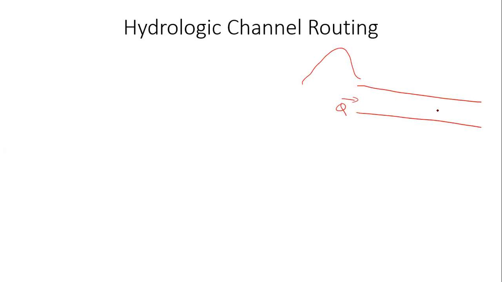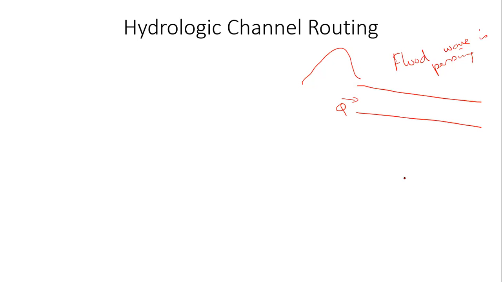Now that outflow hydrograph is going to come into this channel, and it is going to pass down this channel, you can think of it as if a flood wave is passing through the channel reach. Now when I have this kind of a flood wave, my intention is to understand to what extent the channel's own storage can handle this kind of a passing flood wave.